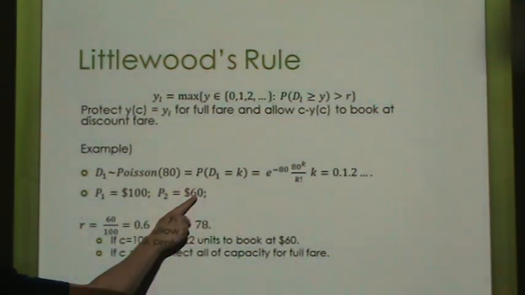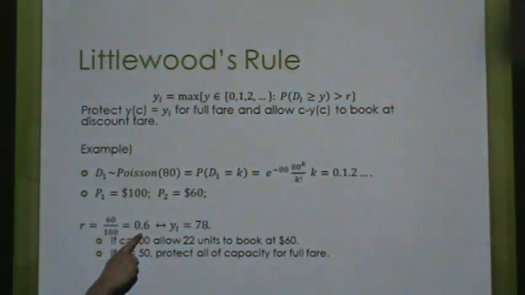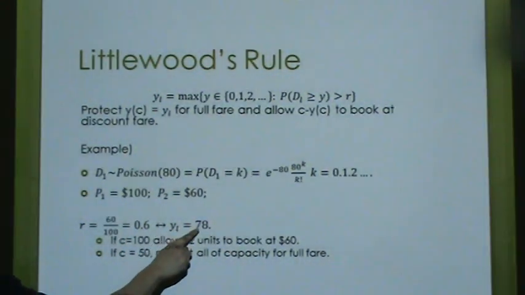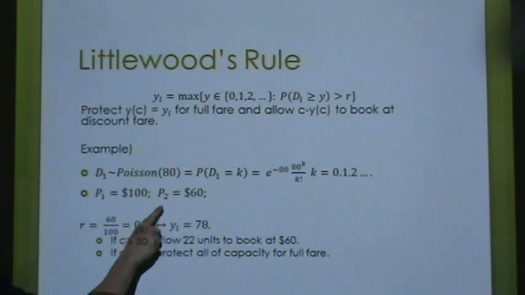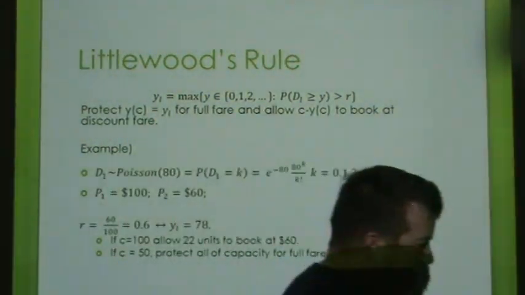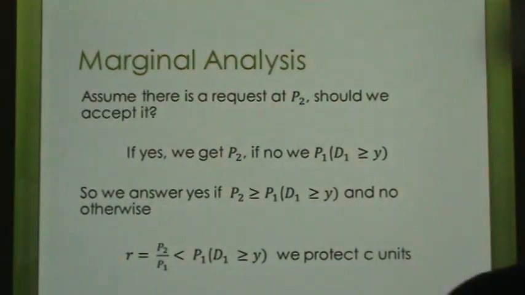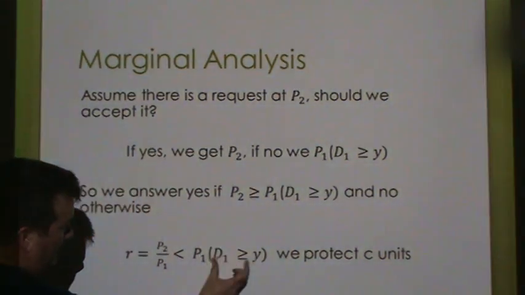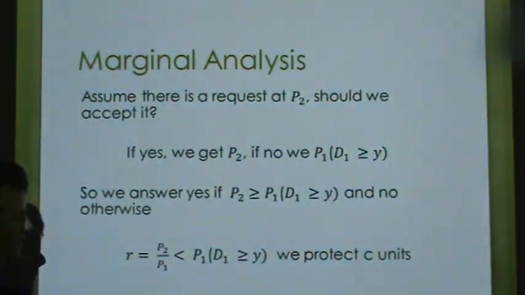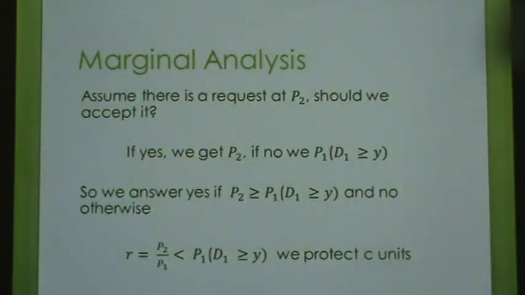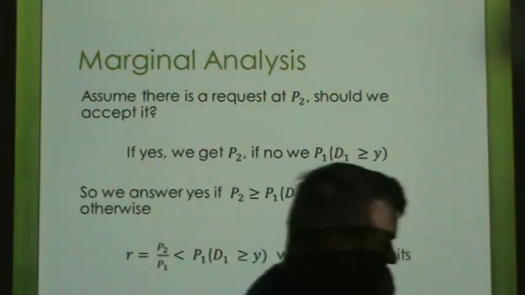This ratio is the lower price divided by the higher price. We want to know what value of y will give us the probability that the demand times this price would be higher than that ratio.